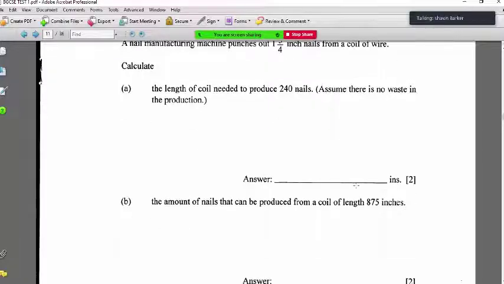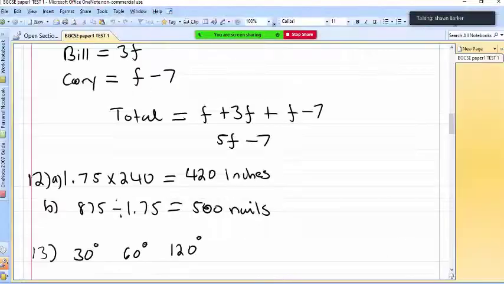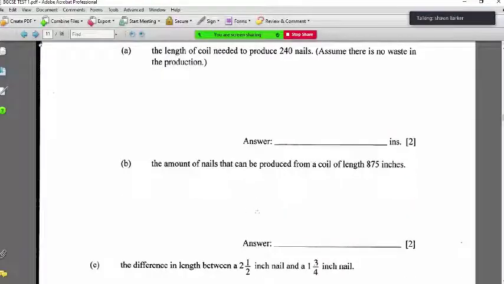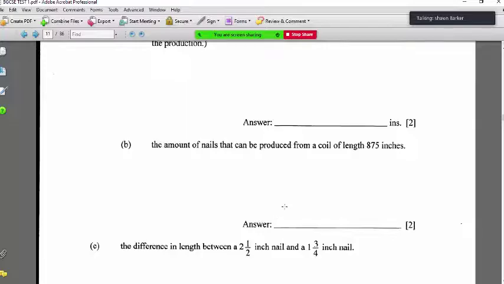So if I have 875 inches, and I know that one nail takes 1.75 inches, if I divide the two, I will get the total amount of nails that's produced. Okay, so you get 875 divided by 1.75, and that will give me 500 nails. Okay, so that's how I would calculate that problem there.